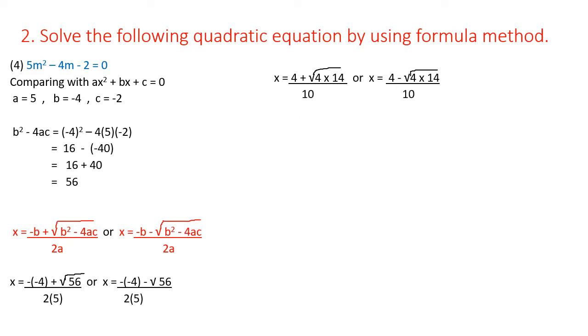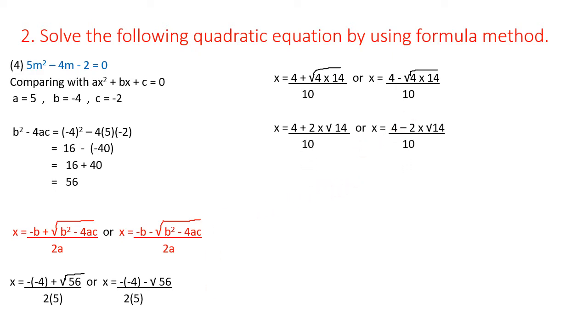Now let us try to solve this. The square root of 4 is going to be 2. So instead of the square root of 4, we are going to write down 2. And 14 is not a square number, so we'll write that inside. So instead of the square root of 4, we write down 2 and root of 14. Same thing we write on the other side.